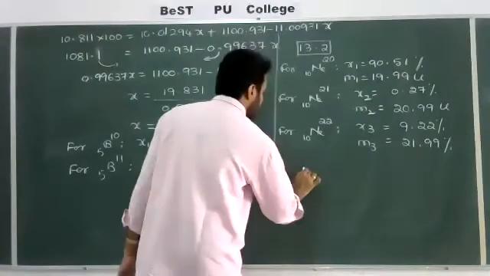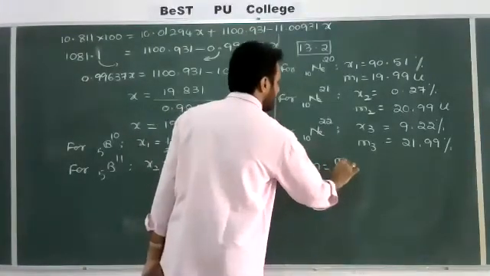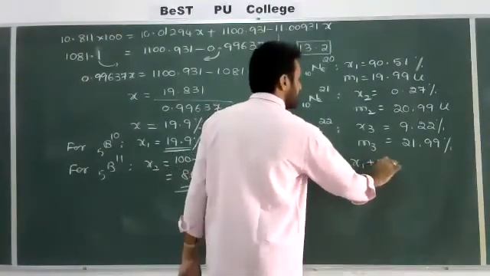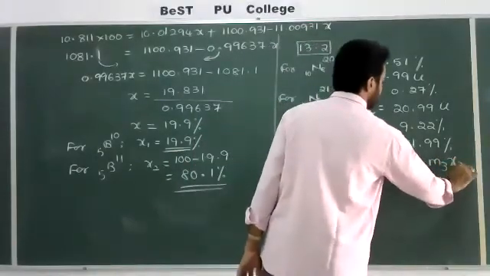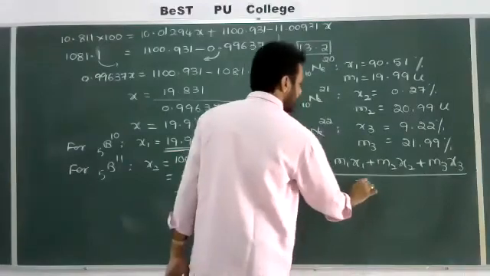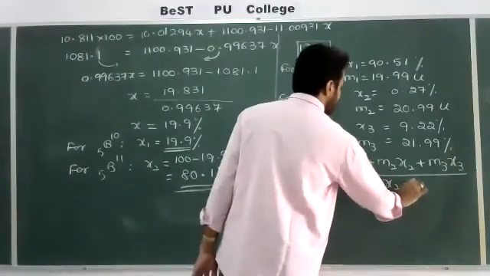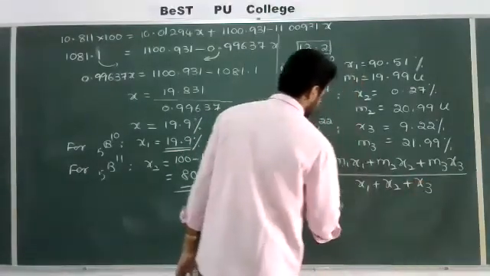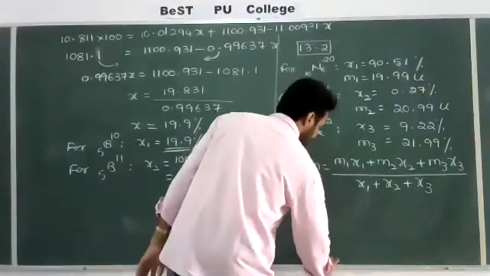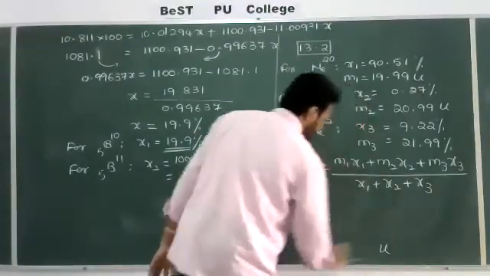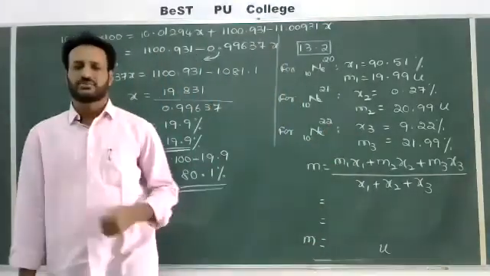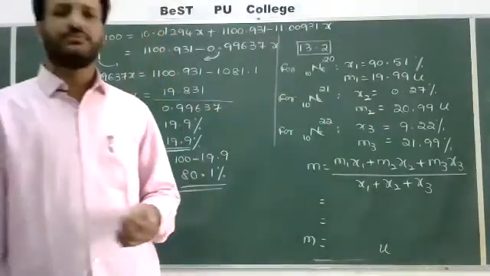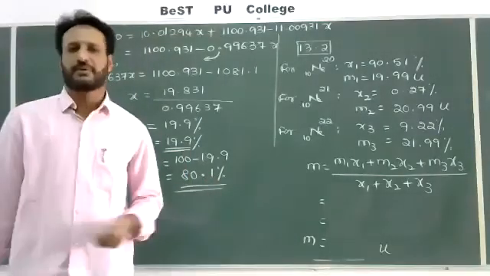So average atomic mass m is equal to m1x1 plus m2x2 plus m3x3, whole divided by x1 plus x2 plus x3. So we'll get the unified mass m. For tomorrow's class, just substitute and solve this question, and in the next class we will continue and solve the remaining problems.